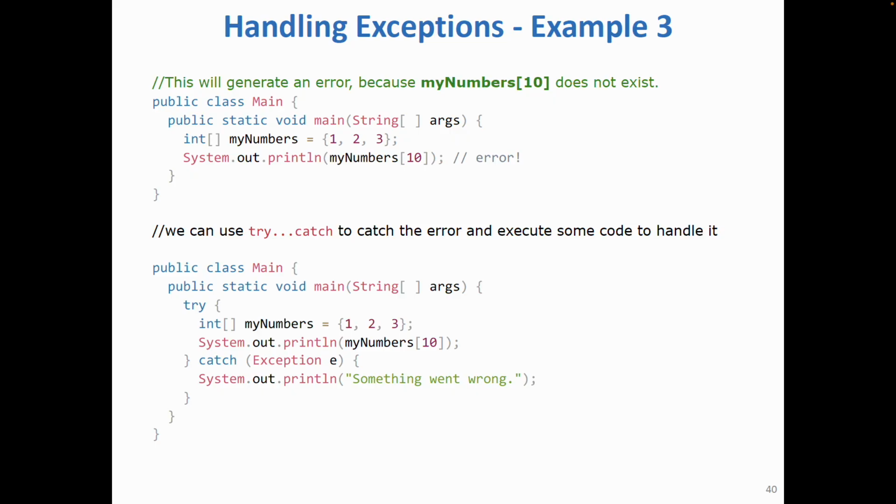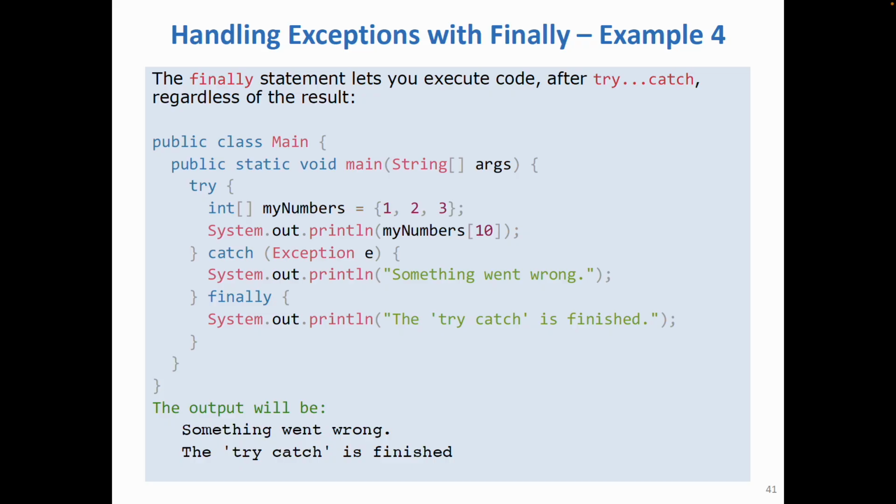This will make more sense when we see inheritance, but basically exception means that any exception type will be caught here. Not only array out of bound exceptions, but every type of exception will be handled here.